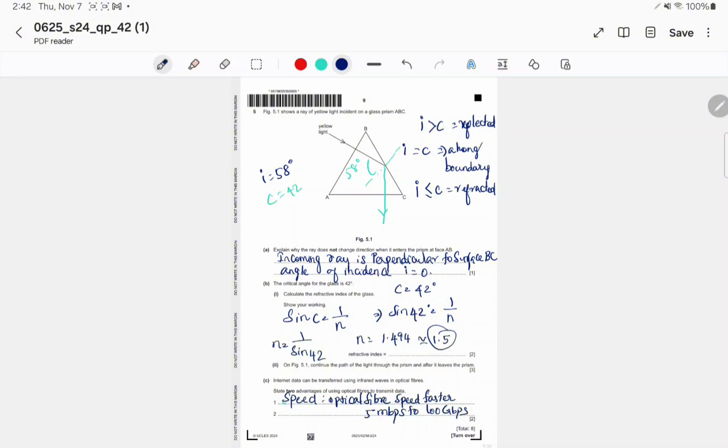Second, the bandwidth for the fiber cables is higher than the copper cables, so they can carry more data.